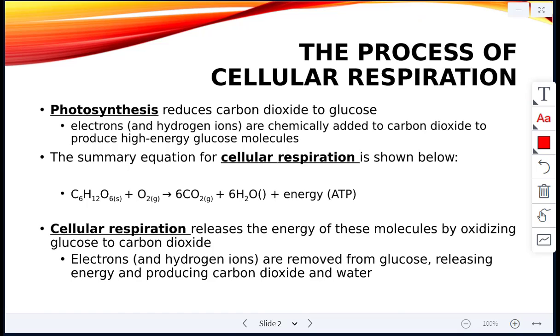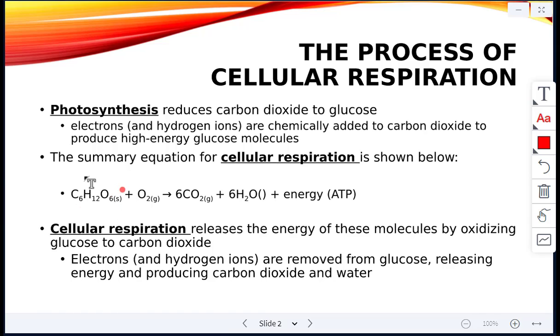All right, so what we saw in photosynthesis was during photosynthesis, carbon dioxide gets reduced to glucose. Electrons and hydrogen ions are chemically added to carbon dioxide to produce high energy glucose molecules. So here now, cellular respiration, we can see our summary equation down here.